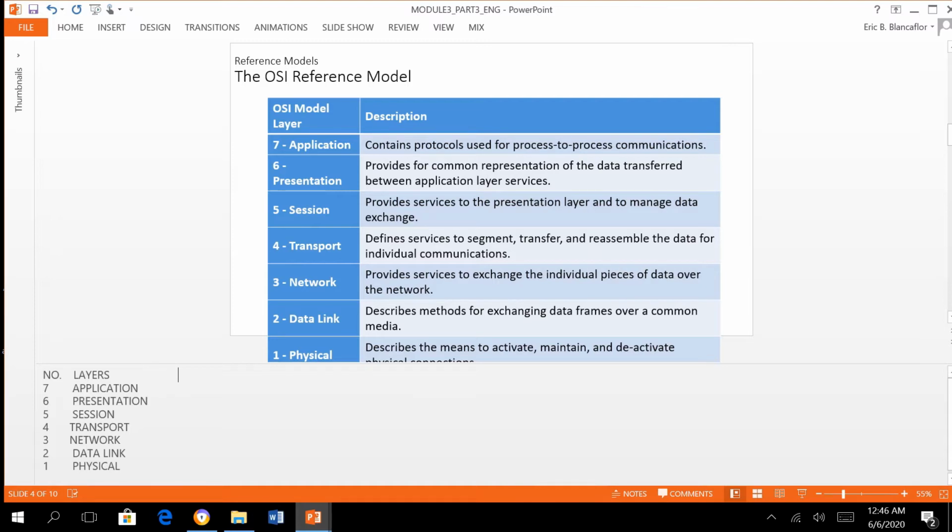For us to easily memorize these layers and know their order, because they are in sequence, there are mnemonics.